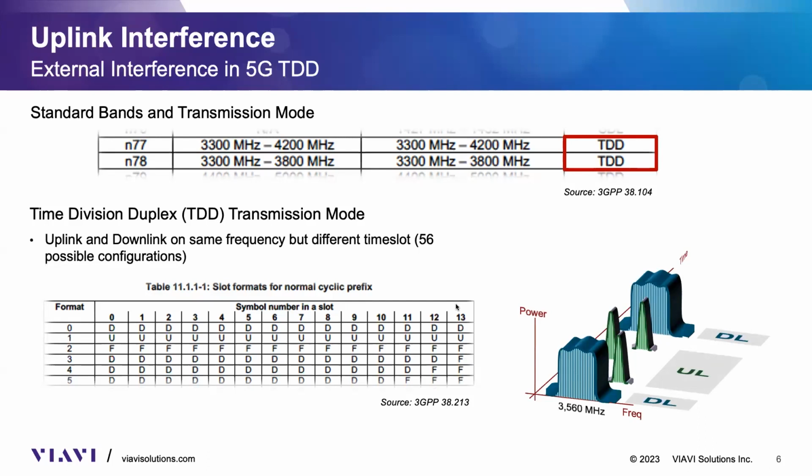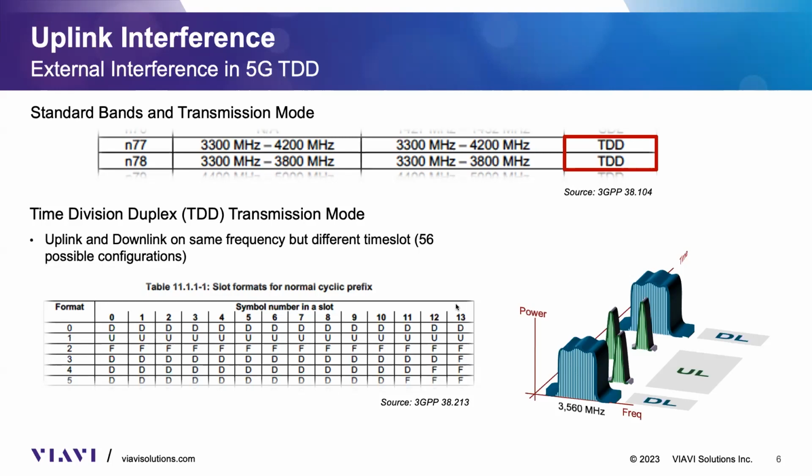As you can see through time, we see a period of time or number of slots, in the case of 5G number of symbols, where the downlink is being transmitted. Then it gets quiet, there is a guard band period, and then the uplink starts talking, and then the downlink, and so on and so forth.